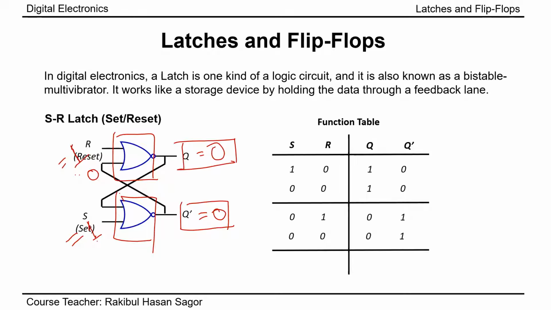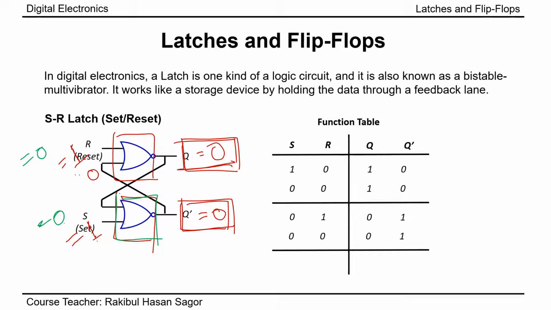For example, now if we consider this is my present state, q equal to 0 and q prime equal to 0. Now I am giving s equal to 0 and r equal to 0 after this step. Let's start with the lower NOR gate first.